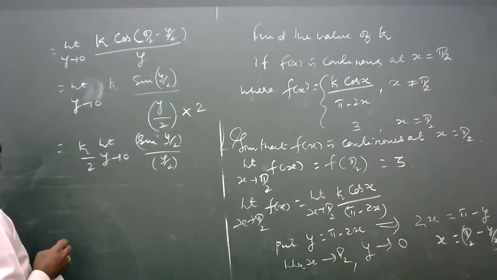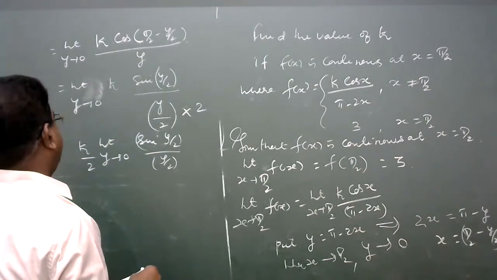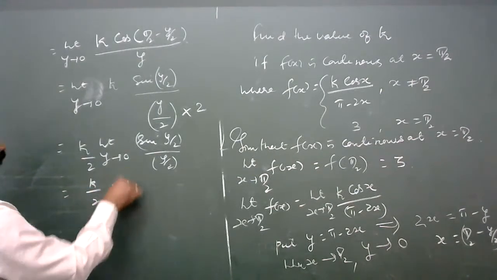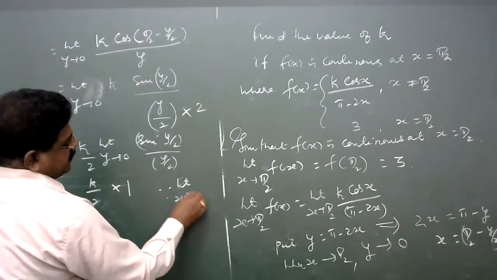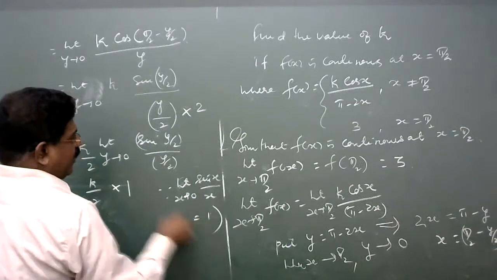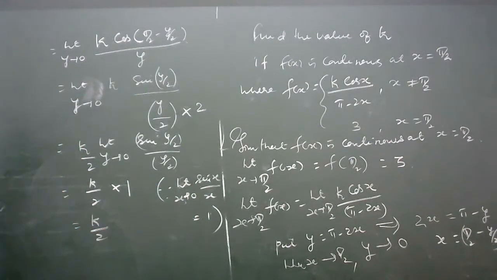Correct? The 2 is in the denominator. Now apply the limit: k by 2 into 1, since in the very first question I explained to you, the limit of sin x upon x is equal to 1. So that is k by 2.